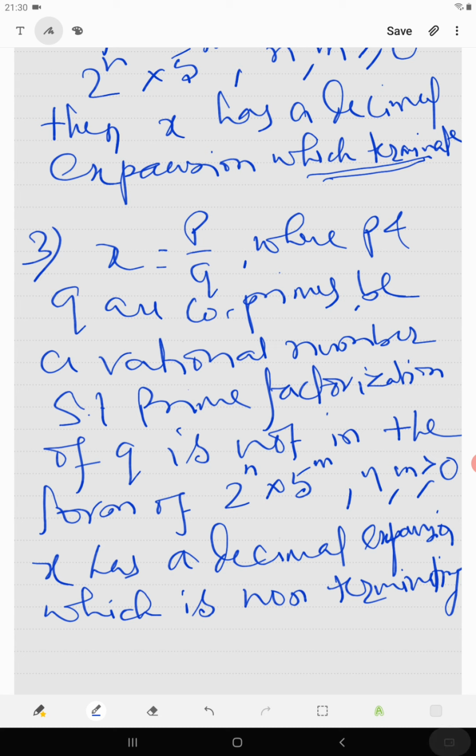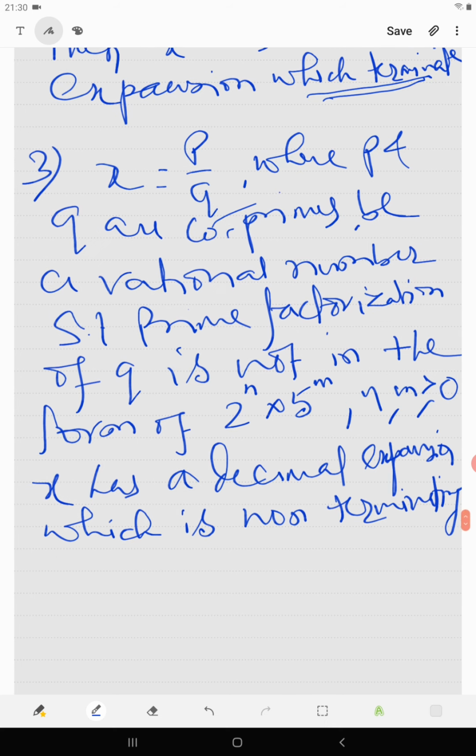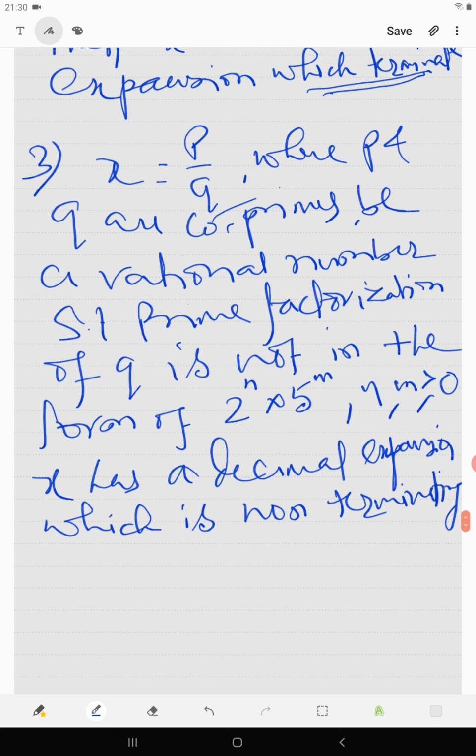So this theorem is as simple as: if q is not of the form 2 to the power n into 5 to the power m, then the decimal expansion will be non-terminating, repeating. Repeating in the sense, you can also say recurring.